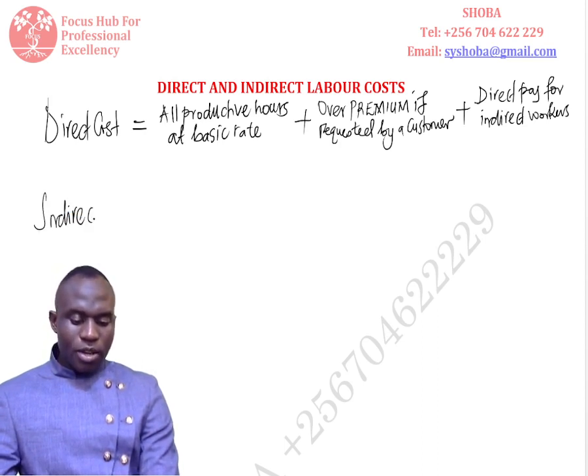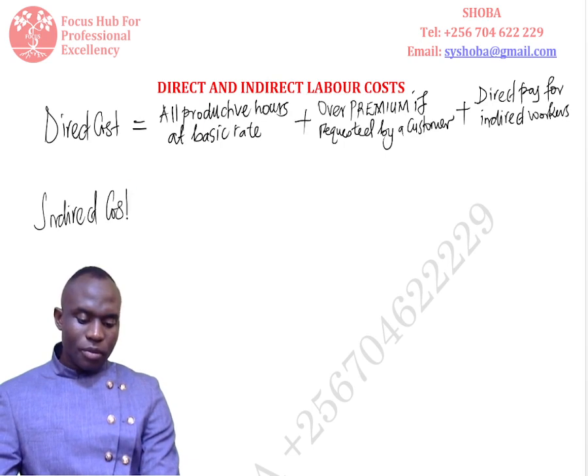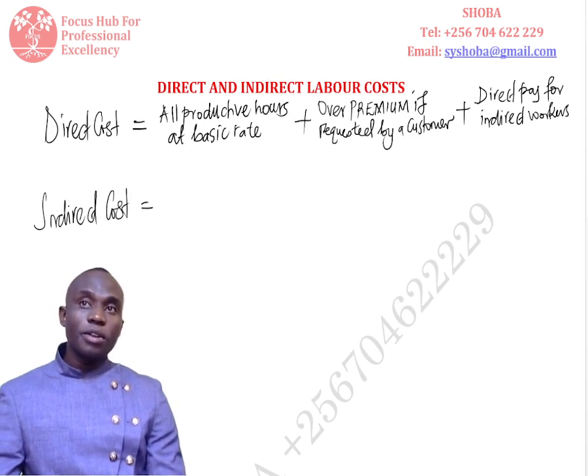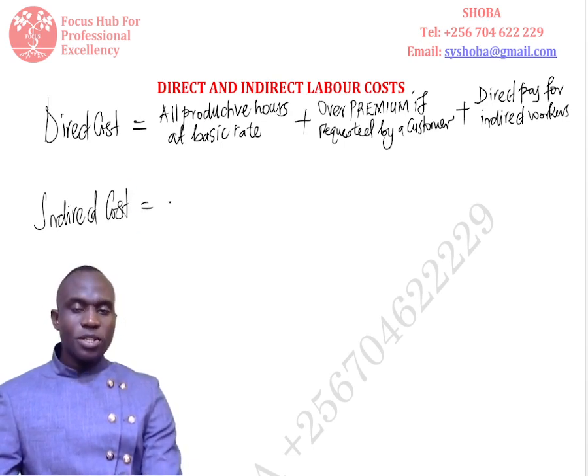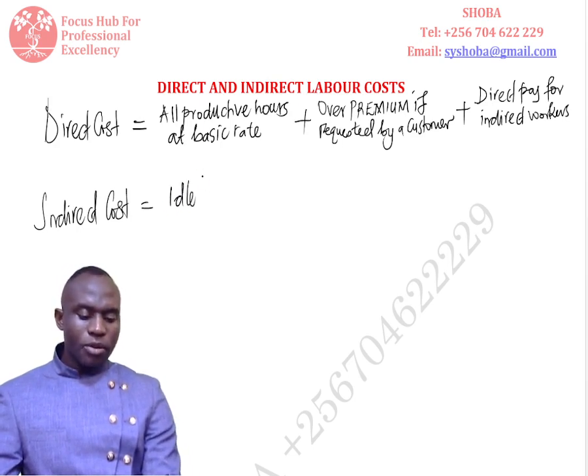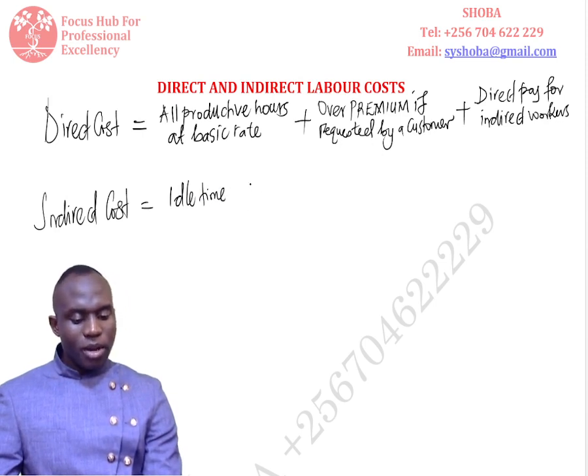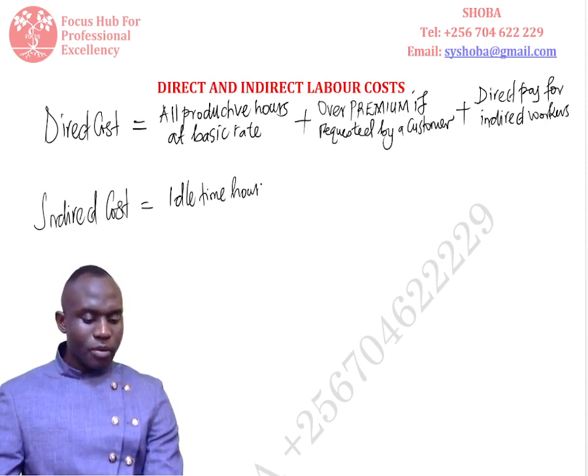So total indirect cost is going to be, we are doing opposites. Instead of productive hours, it is going to be idle time hours, but still at the basic rate.